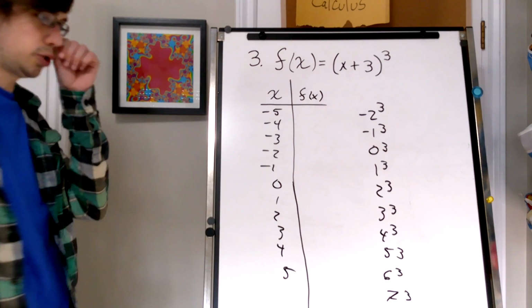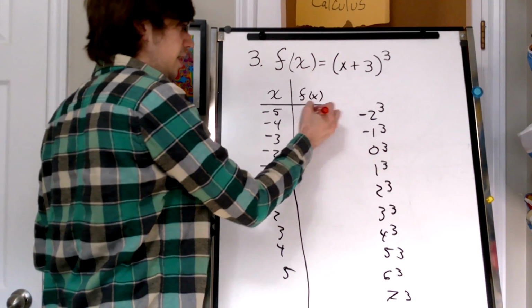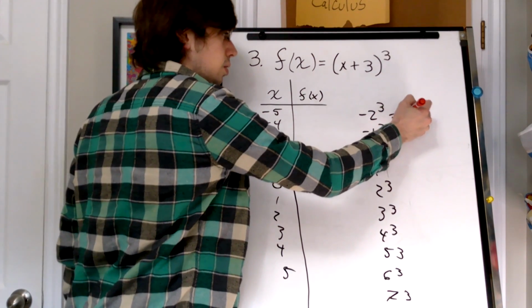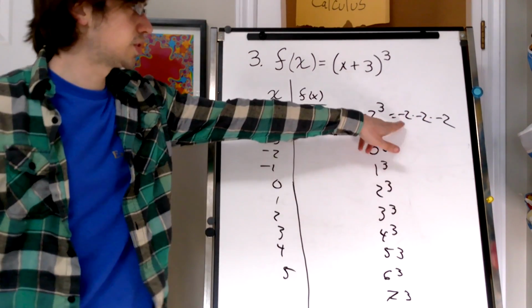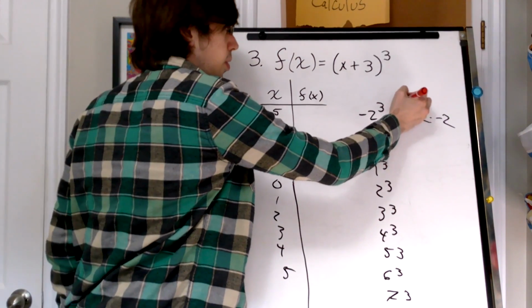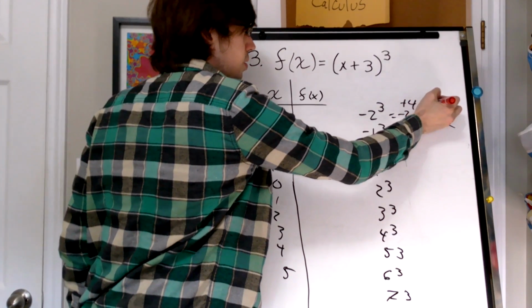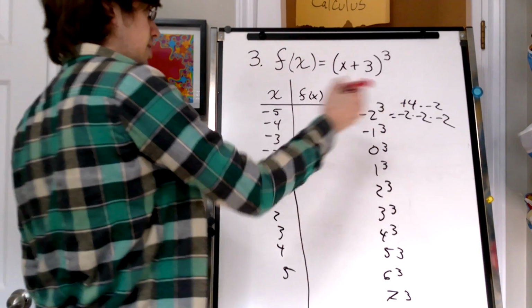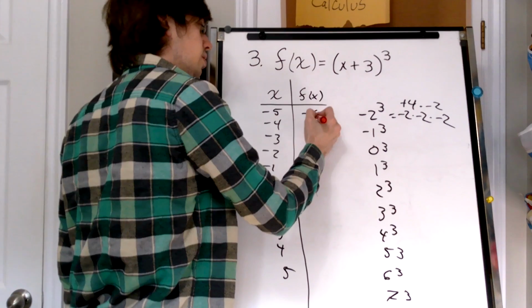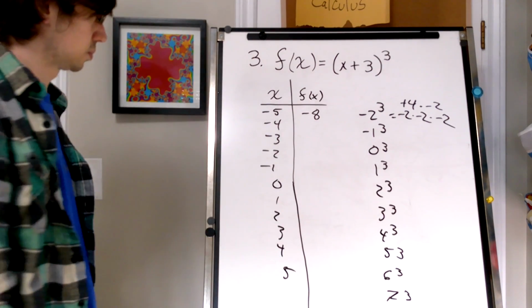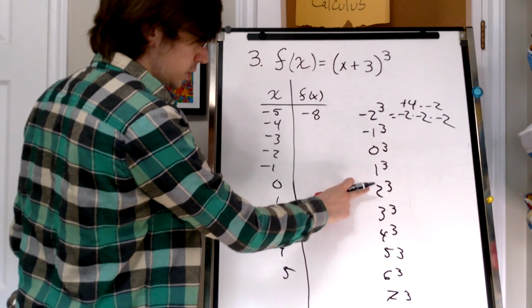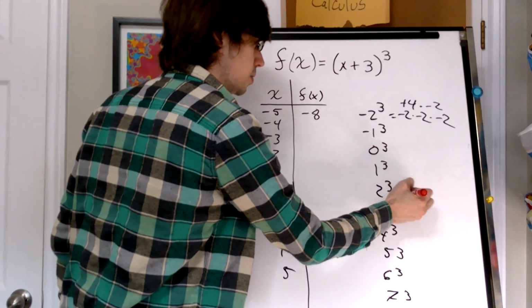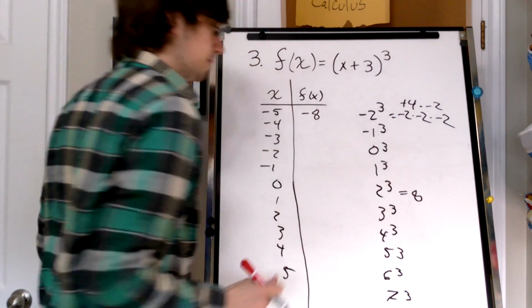So what is -2 cubed? That is -2 times -2 times -2. -2 times -2 is +4, times -2 gets us -8. Likewise, when we have 2 cubed, they're all positive.